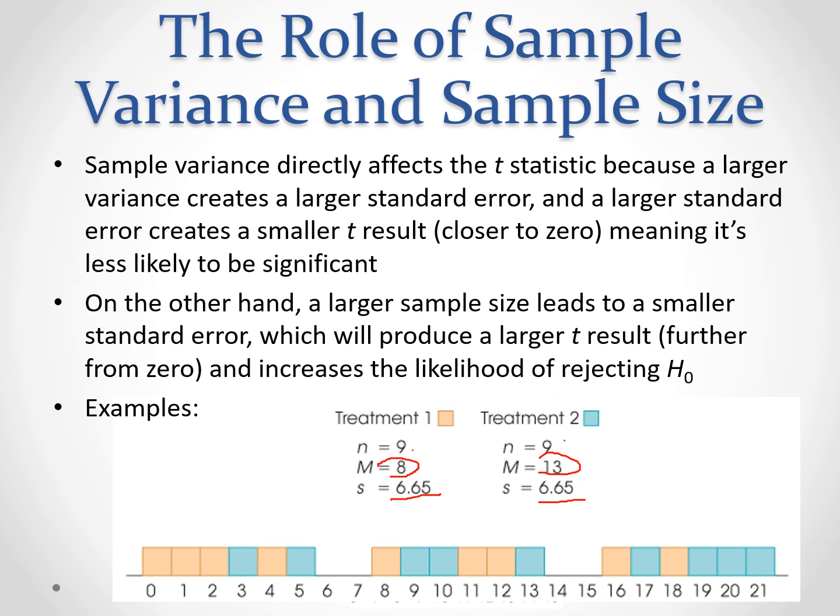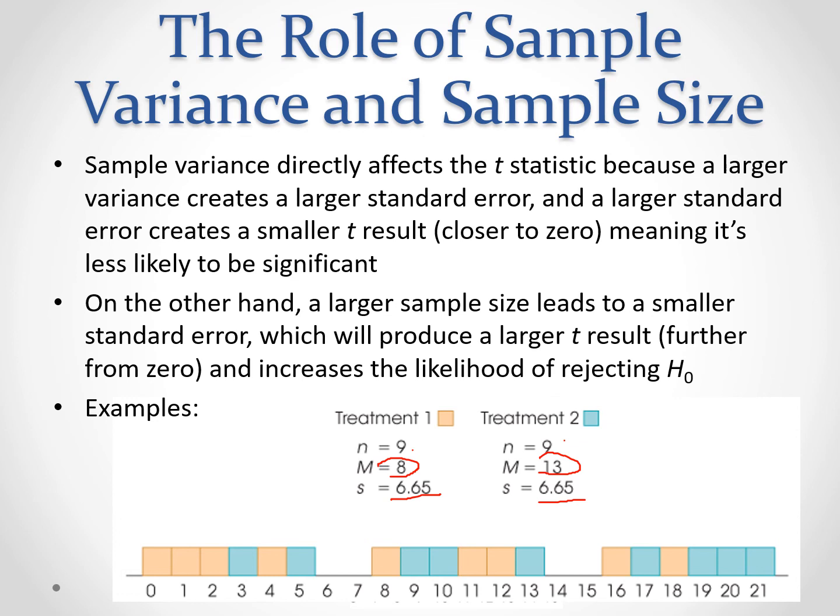And as you can see from the data, there's no clear pattern. Treatment 1 and treatment 2 overlap. So my 2 independent groups overlap. I cannot clearly see that one of my groups is better or higher than the other group because they're all over the place. So in this case, there's a lot of variance, and so my t-value would be pretty small.